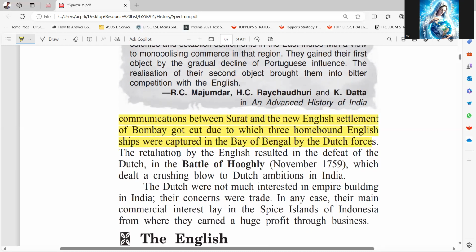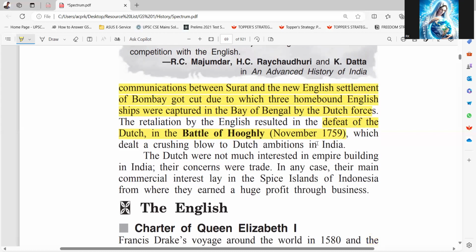The retaliation by the English resulted in the defeat of the Dutch in the Battle of Hooghly, which happened in November 1759, which dealt a crushing blow to Dutch ambitions in India.